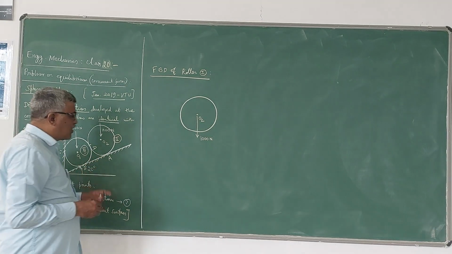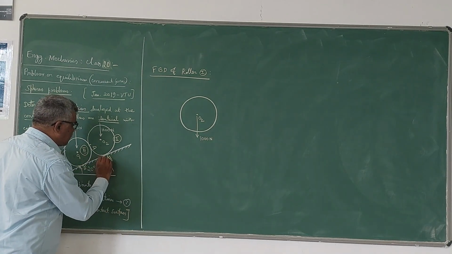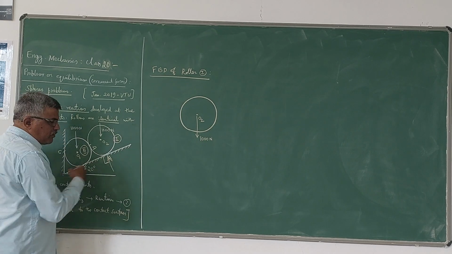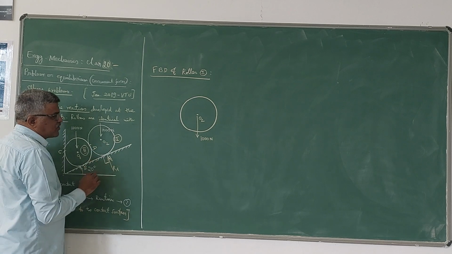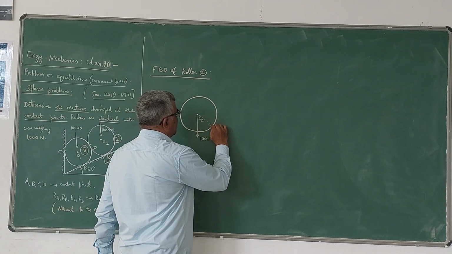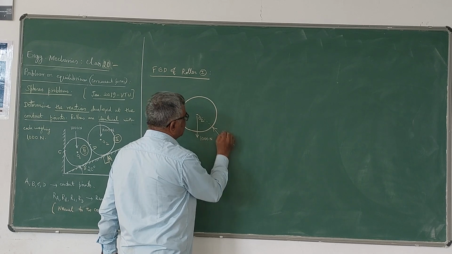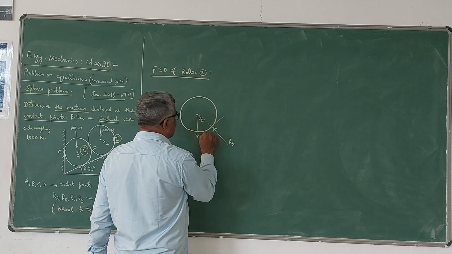Now RA, as I already told, this RA reaction at A will be normal to the contact surface. This inclined plane itself is the contact surface. RA is at right angles to the contact surface. Now if I write that RA, it will be like this. This angle, whatever is there, this is 20 degrees.